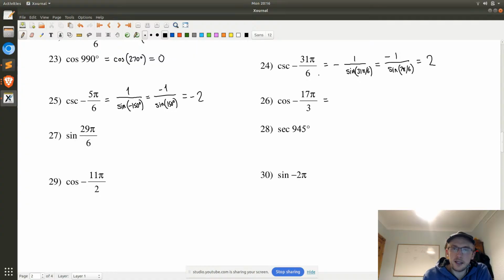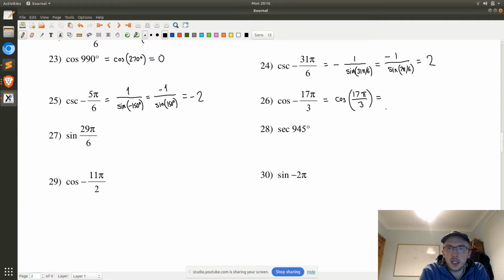This is the exact same thing as cosine of 17 pi over 3, as cosine is an even function. And then you must figure out how many 2 pi's fit into 17 pi over 3.